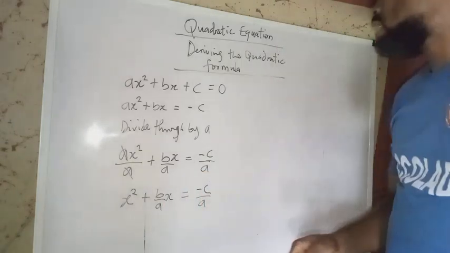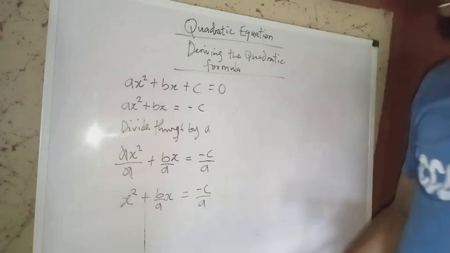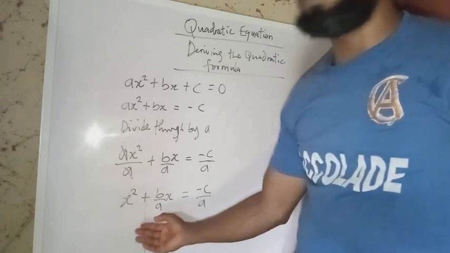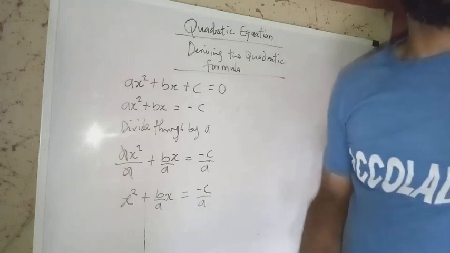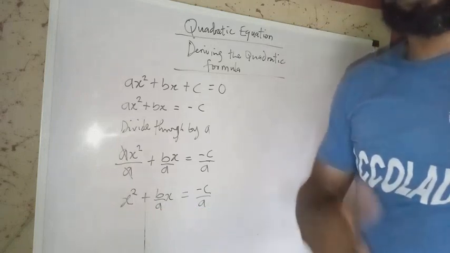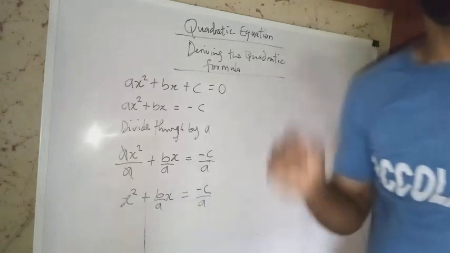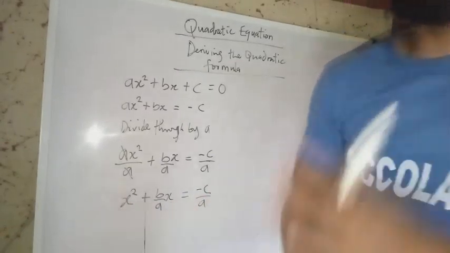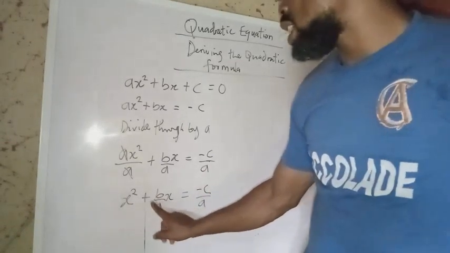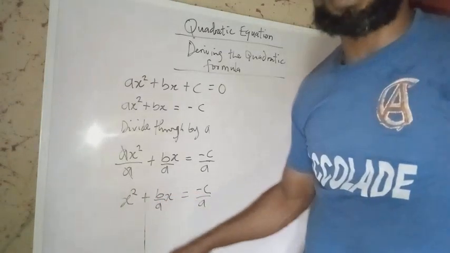Having said this, remember when we want to complete the square of a quadratic expression, or make it a perfect square, what we usually do is add the square of half the coefficient of x to both sides. The coefficient of x here is b over a. It's not just b, it is b over a.